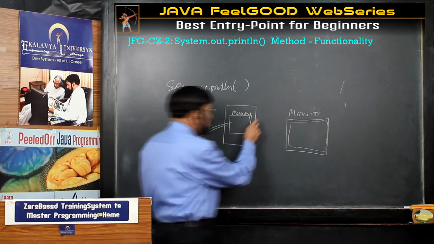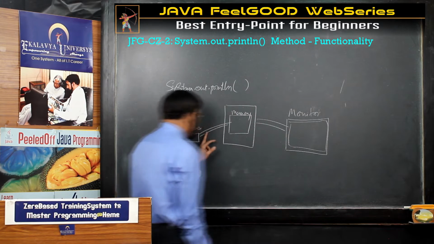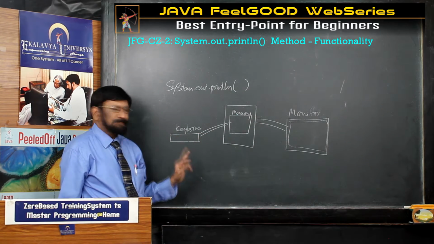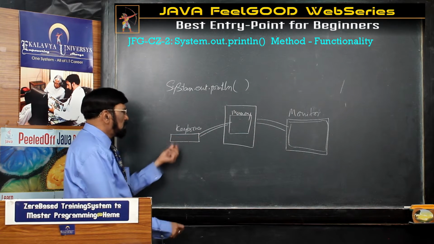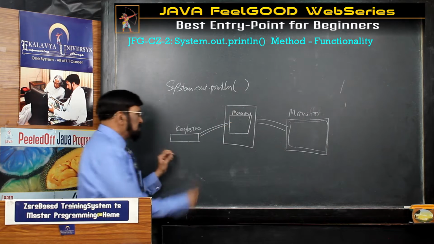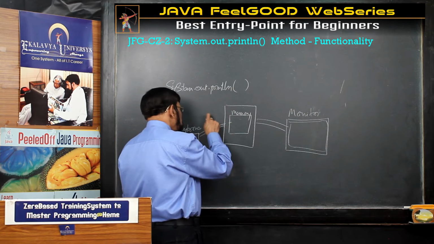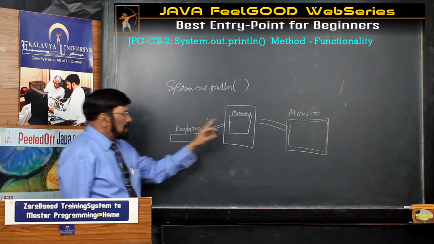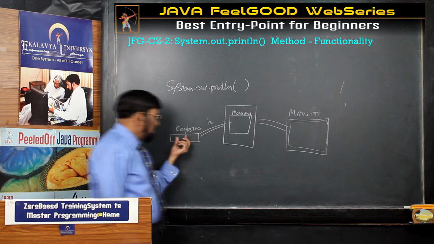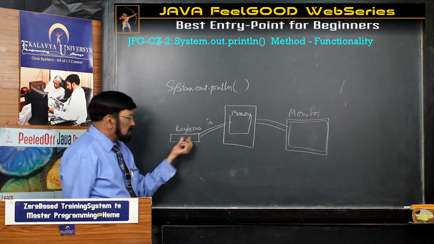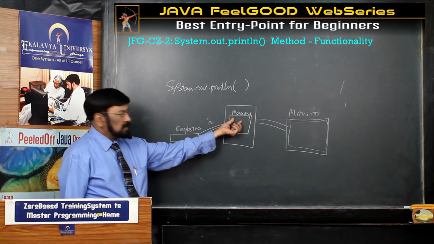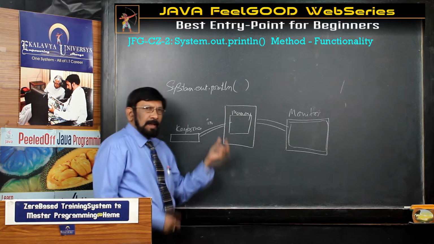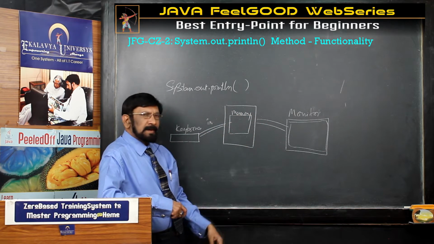This is one stream, and this is another stream. This stream is called the input stream. Input stream means from keyboard to memory, simply represented as in stream. Whatever data we type flows here and is stored in the memory. This is the input stream.